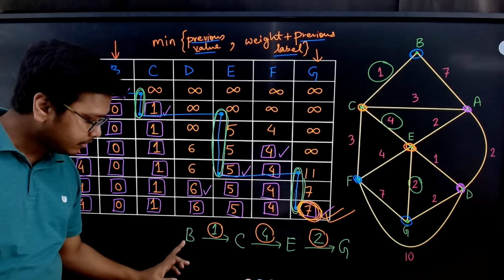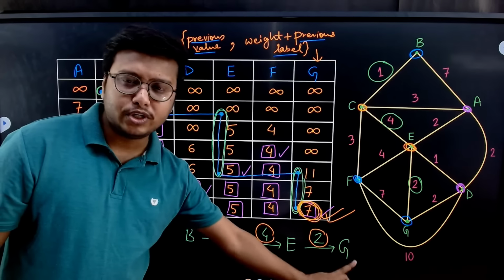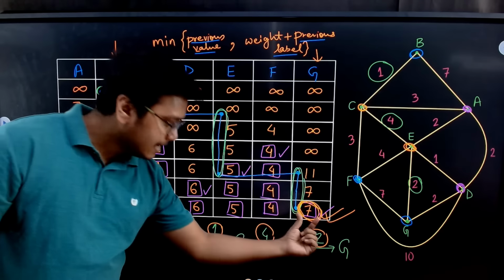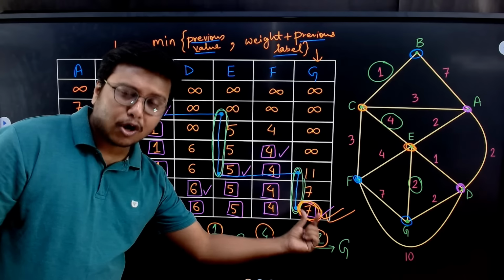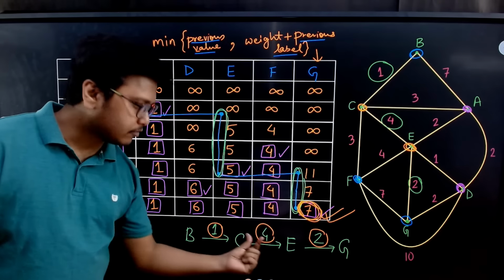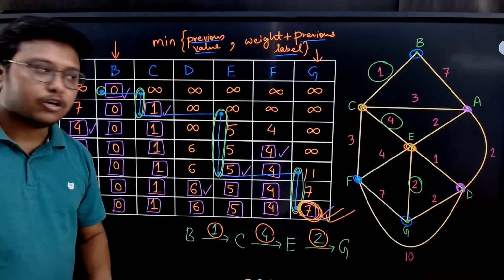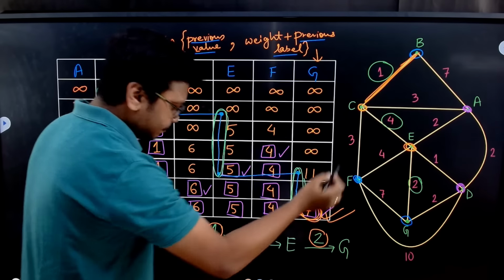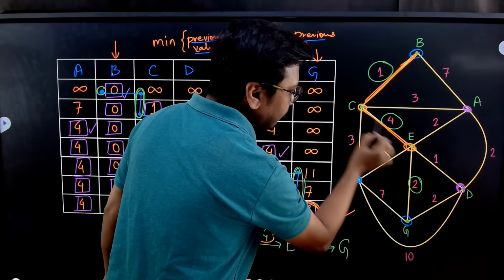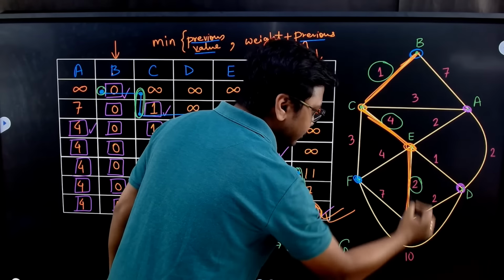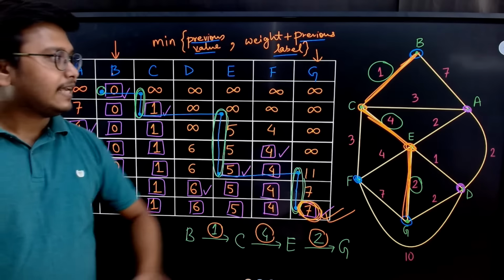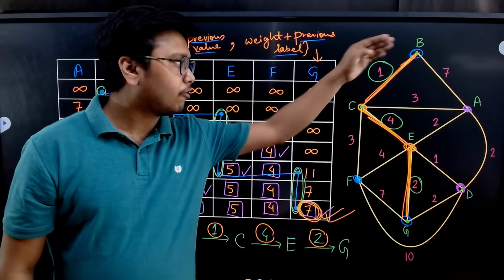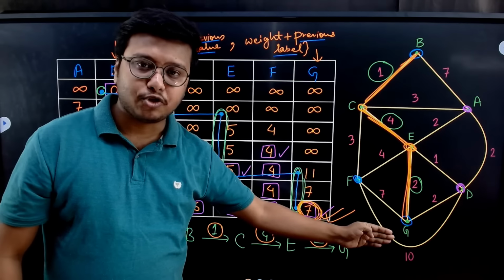So what's the shortest path? B to C, C to E, E to G. And what's the weight? The weight is this last value that we had got, or you can find it this way also, 1 plus 4 plus 2, that's 7. So our path is B to C, then C to E, and E to G. This is our shortest path in this graph from the vertex B to the vertex G.